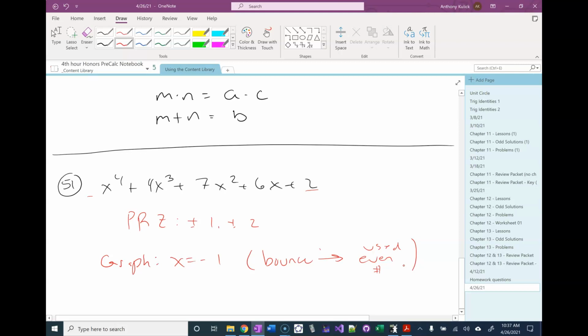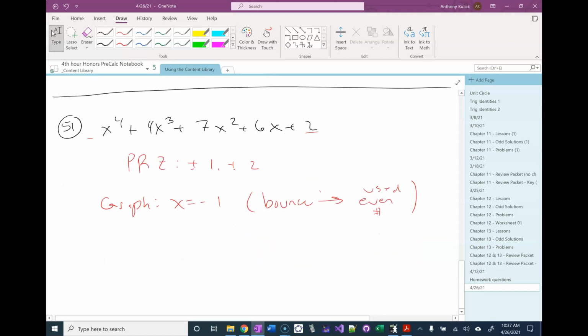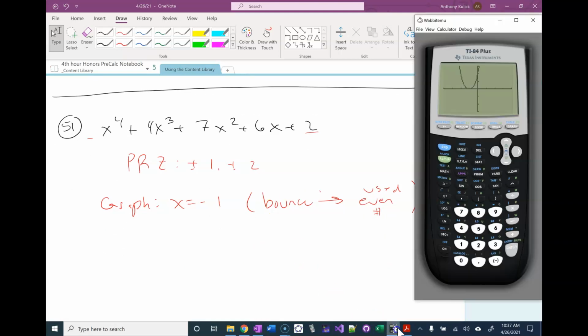So it'll be used 2 times or 4 times or 6 times. Again, that's what a bounce looks like. So if you have an x-intercept that looks like that, it's going to be used at least twice.